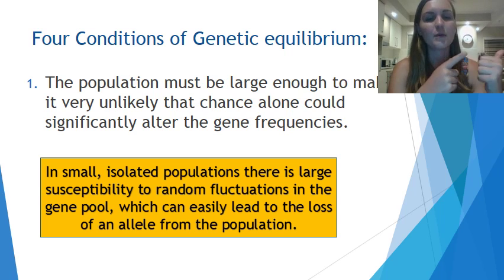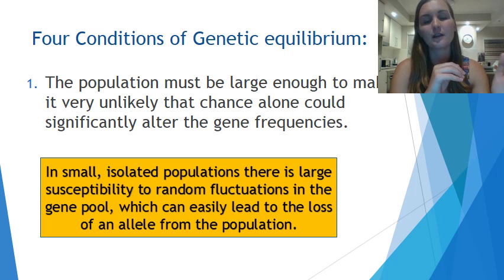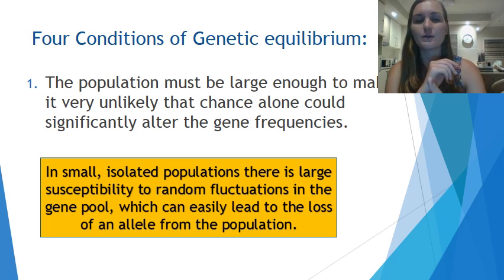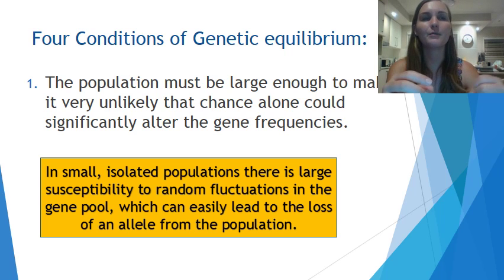So the first is that the population must be large, okay? This means that it's very unlikely that chance alone could significantly alter the gene frequencies. If you have a smaller population and you have alleles within it, there is a much greater likelihood that some random event may happen.